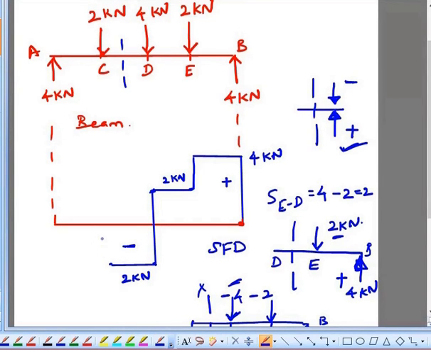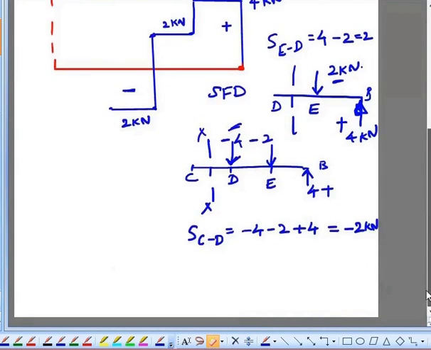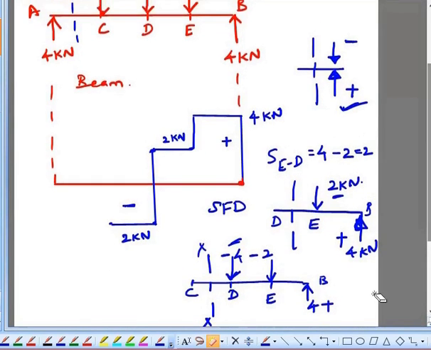Now I have to find the shear force between the point A and C. So you consider a section between A and C. If you consider a section between A and C, you can take any direction, to the left of the section or to the right of the section, which is convenient to you.